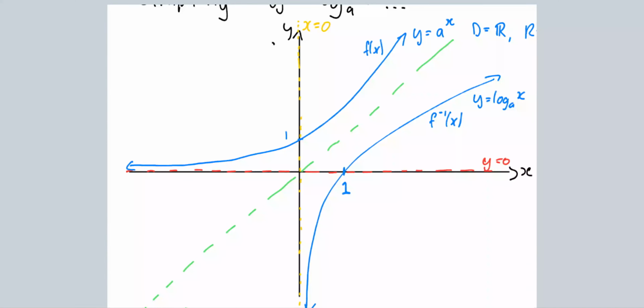Really, what we're doing is we're saying, what is the relationship between the y values and the x values? The top blue line, the relationship is that the y coordinate is given by a to the power of x, and that's why I've got that function written next to that line. And then on the bottom, the relationship for this line is that the y coordinate is given by log base a of the x coordinate.